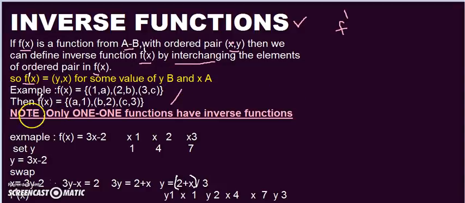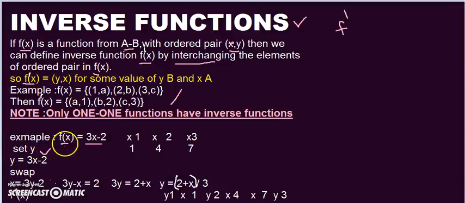Now here I have taken an example. My f of x is a function, 3x minus 2. The first step to find the inverse function is to assume that whatever function f of x is given is set equal to y.